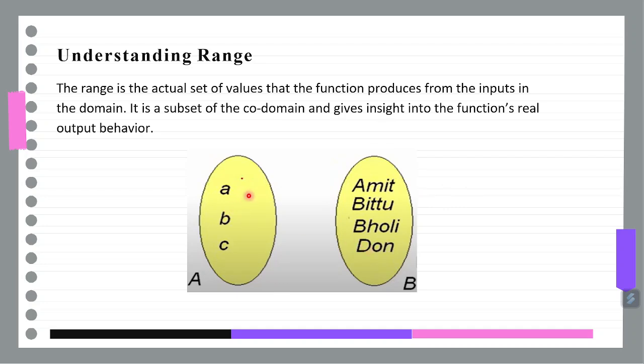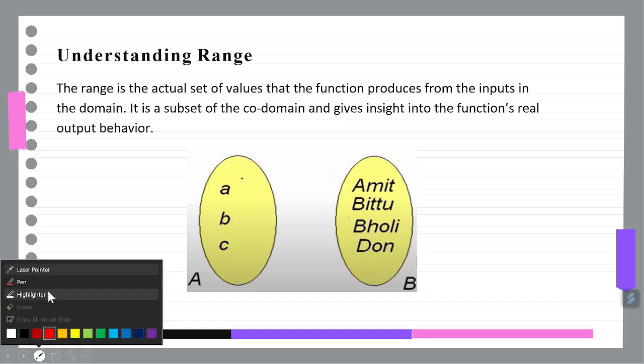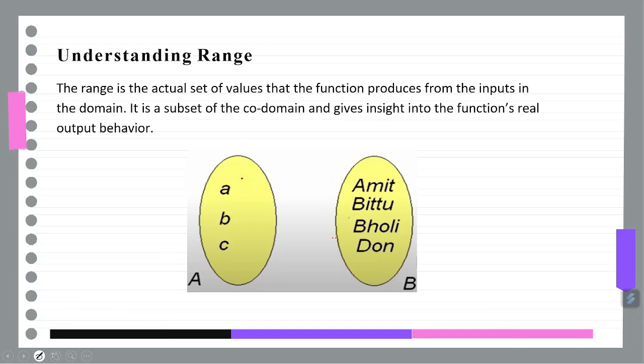If we define a relationship from A to B where all names starting with a and b are included and the rest are excluded, the range will be Amit, Bittu and Bholi. Don will not be included. So the range will be Amit, Bittu and Bholi from set B.